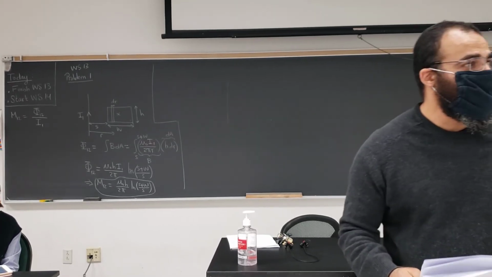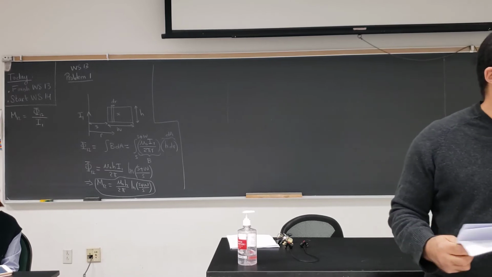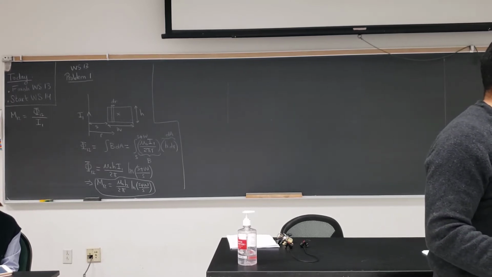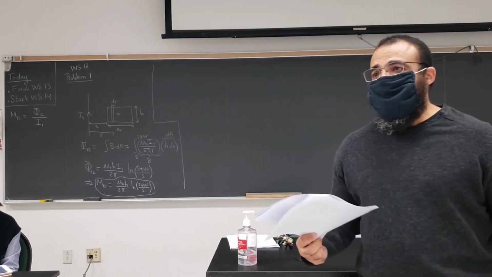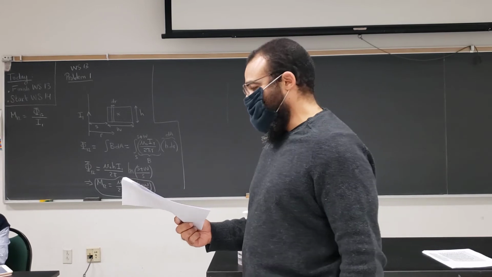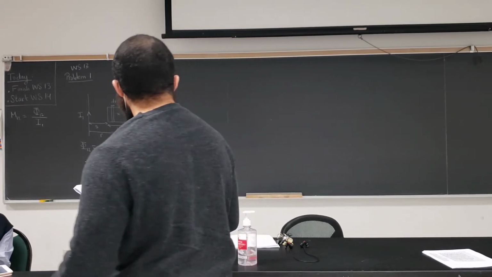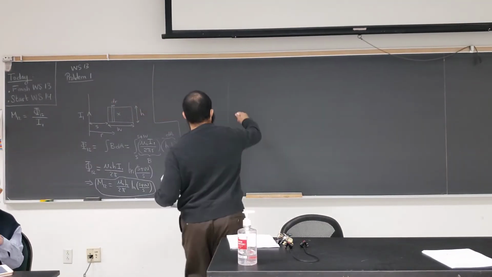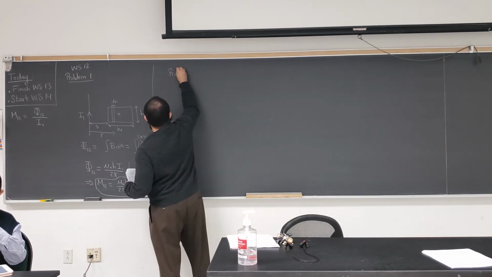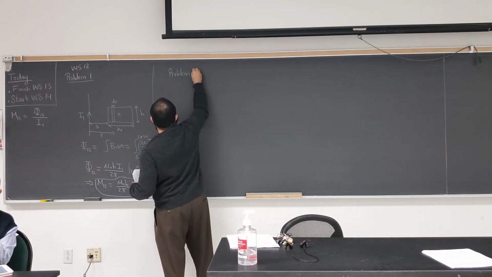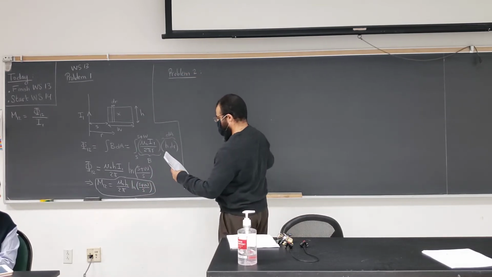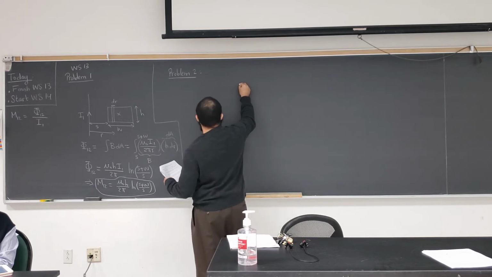Problem 2. For problem 2, I will not attempt to draw it. It's a ring within a ring, a ring of radius R2 and a ring of radius R1. Just for reference, maybe I will attempt to.